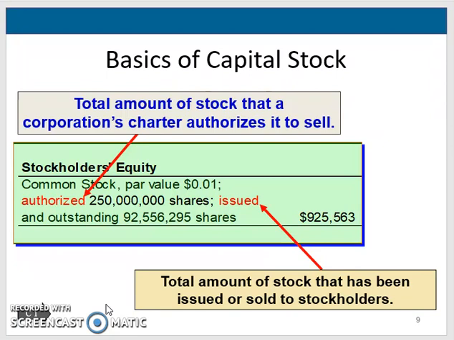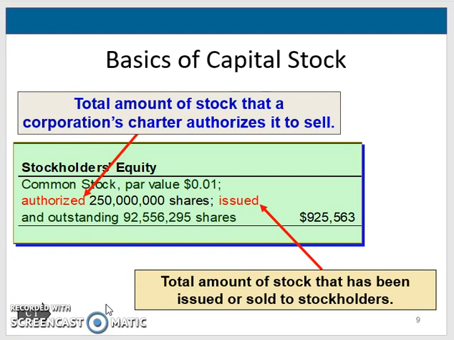So when we look at this, we can see that this company, for example, authorized in their charter that they could sell 250 million shares of stock. The par value is 1 cent, but it then shows how many were actually issued or sold, and then how many are outstanding. That means how many are actually out there in stockholders' hands at this point. So we're going to see those terms again.